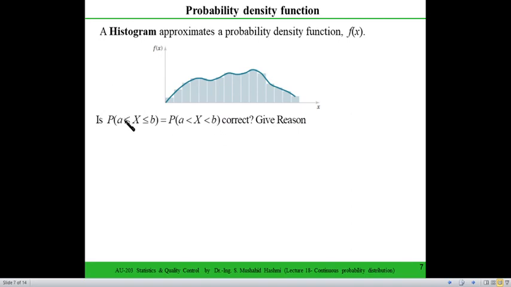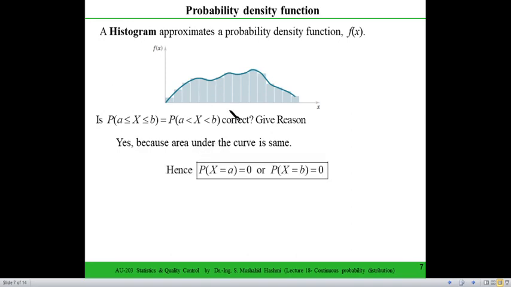Instead of calculating x equal to a or greater than a and less than b, the area under the curve remains the same. So obviously, since the area under the curve remains the same, the two probabilities would be the same, because there is no corresponding probability when x equals a. So the probability always lies in an interval from a to b. Either way you can write.